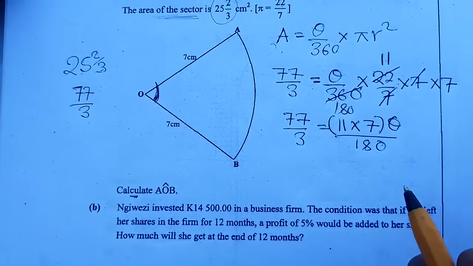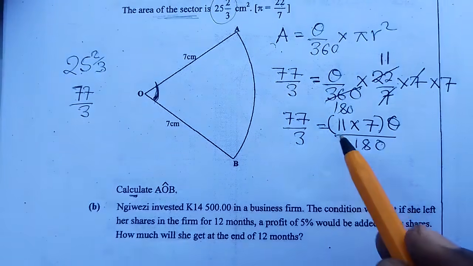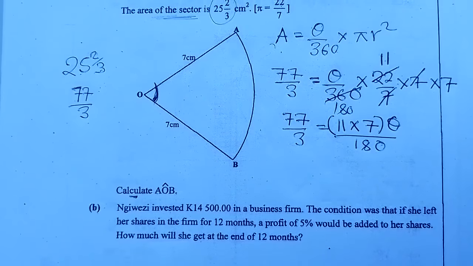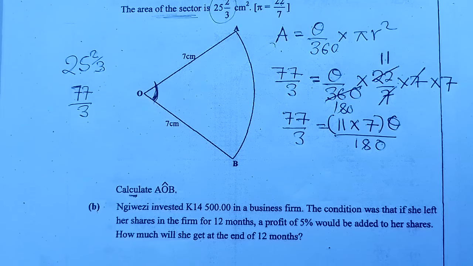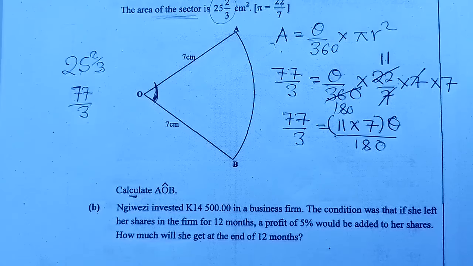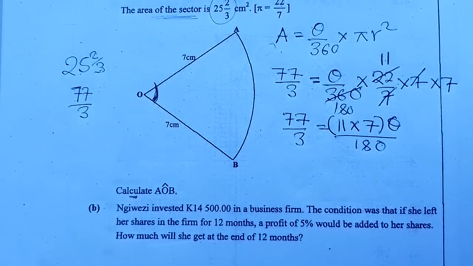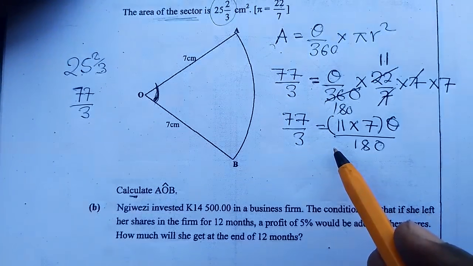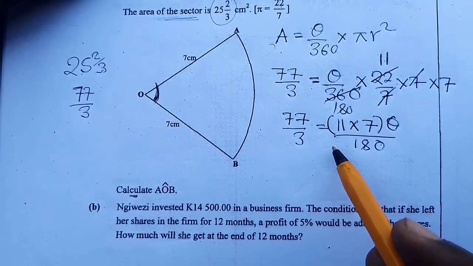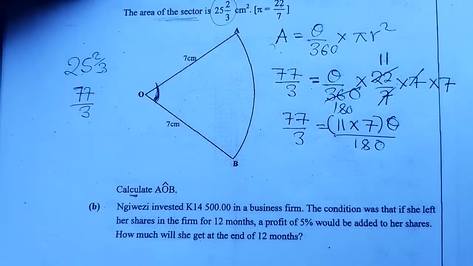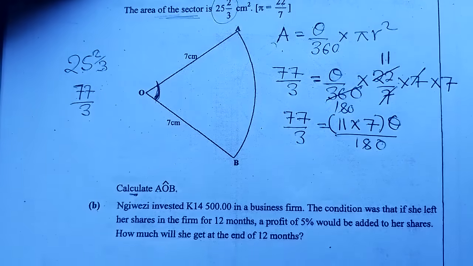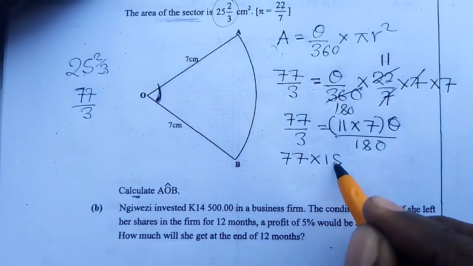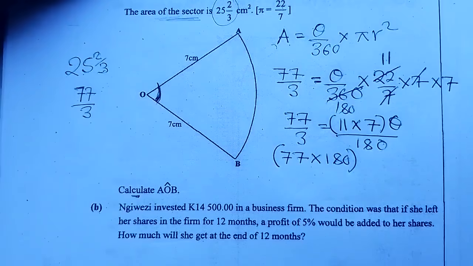So which number can go into 77 and 180? The way I'm going to work this out is very simple: I'm going to cross multiply. So here I'm going to have 77 times 180, and then a 3 there, then 11 times 7, and the theta outside there.